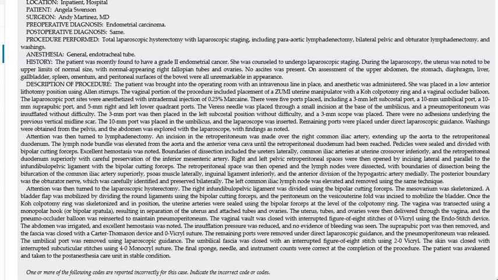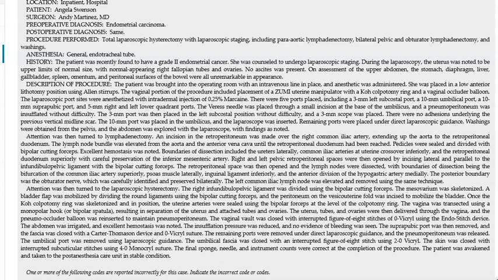Attention was then turned to the laparoscopic hysterectomy. The right infundibulopelvic ligament was divided with the bipolar cutting forceps. The mesovarium was skeletonized. A bladder flap was mobilized by dividing the round ligaments using the bipolar cutting forceps, and the peritoneum of the vesicouterine fold was incised to mobilize the bladder.